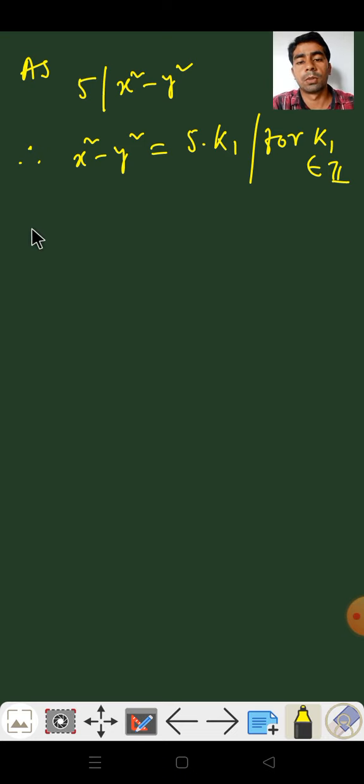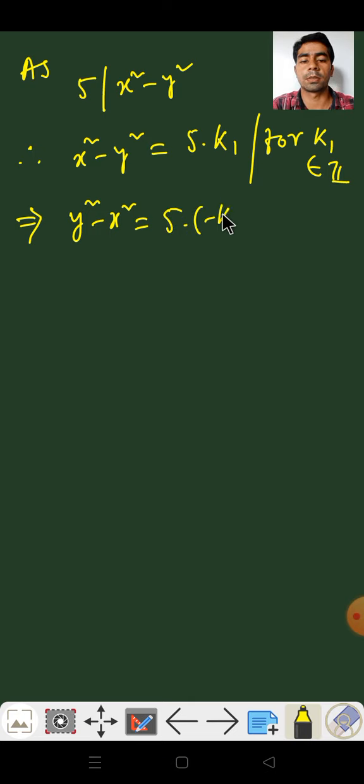Now we will show that y is also related to x, that is 5 divides y square minus x square, which implies that y square minus x square equals 5 into minus k1, which implies that 5 divides y square minus x square.